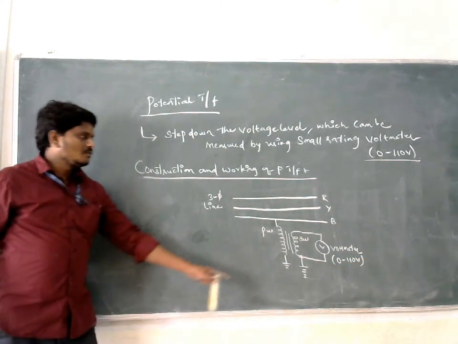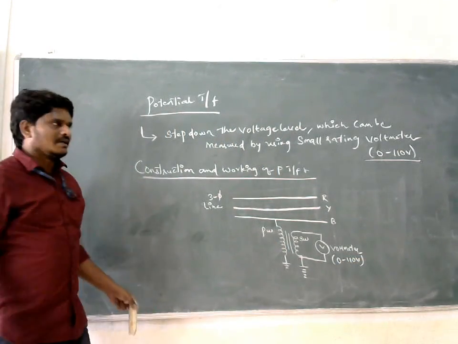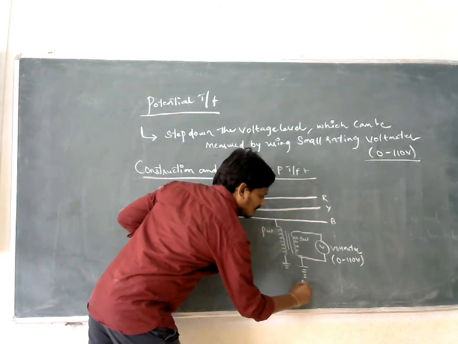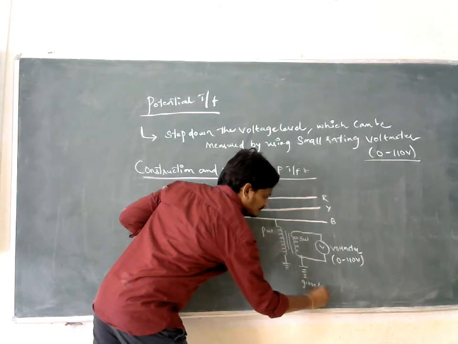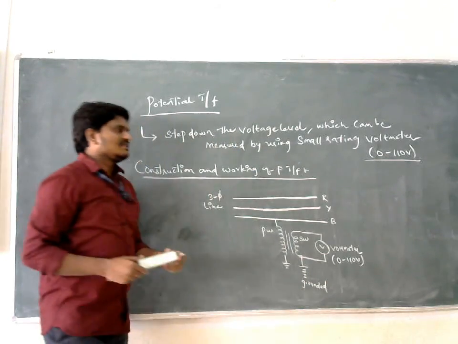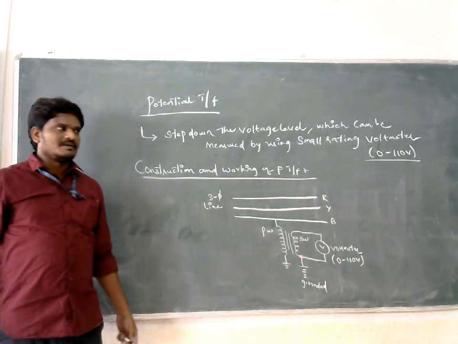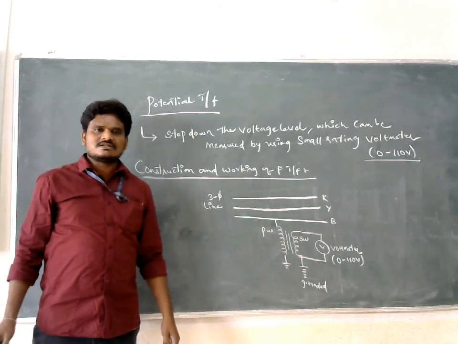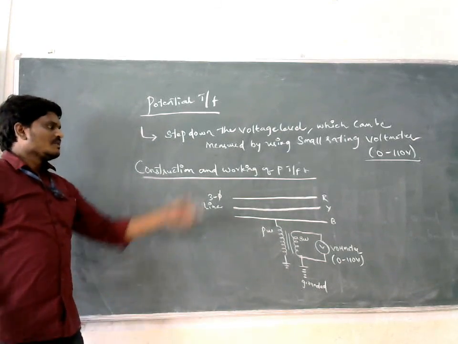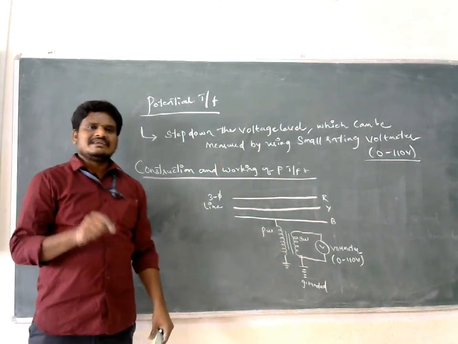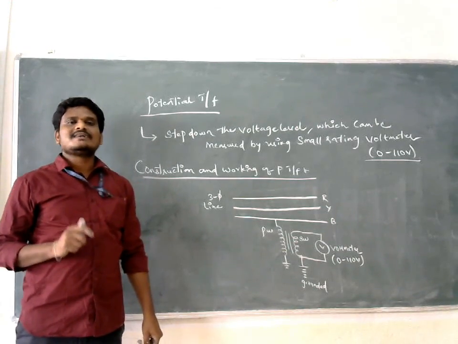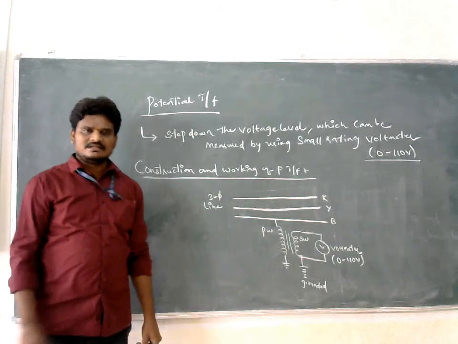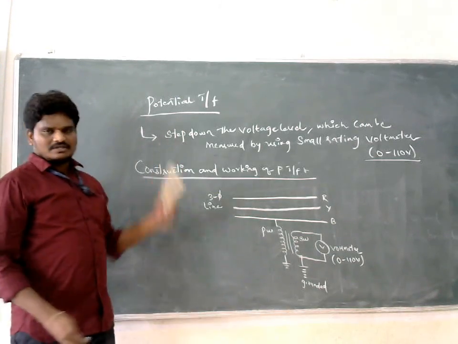And the secondary terminal of a potential transformer is grounded or earthed. These are the different construction parts of a potential transformer. Now we will discuss in detail about the primary winding and secondary winding and what is the necessity of having a grounding in the secondary terminal of a potential transformer.